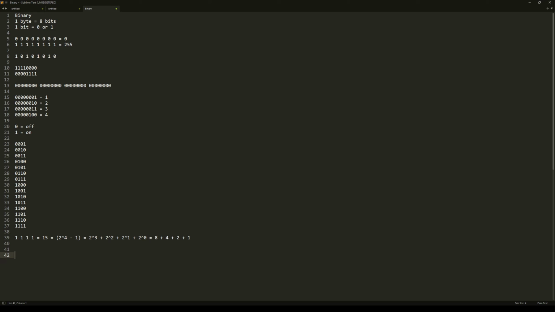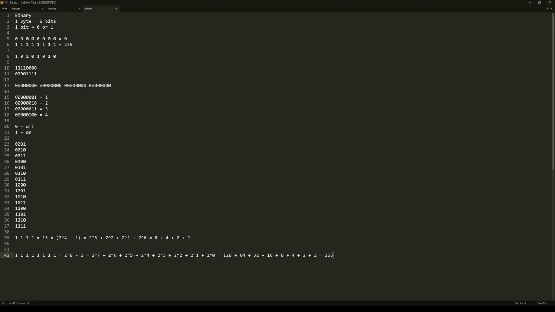So if you go into a whole byte, you will have 1, 1, 1, 1, 1, 1, 1, 1, which is equal to 2 to the power of 8 minus 1, which is equal to 2 to the power of 7 plus 2 to the power of 6 plus 2 to the power of 5 plus 2 to the power of 4 plus 2 to the power of 3 plus 2 to the power of 2 plus 2 to the power of 1 plus 2 to the power of 0, which is equal to 128 plus 64 plus 32 plus 16 plus 8 plus 4 plus 2 plus 1, 3, 4, 5, 6, 7, and 8.